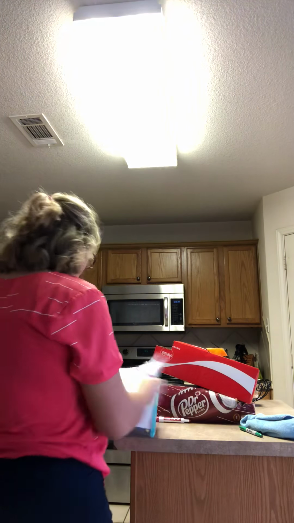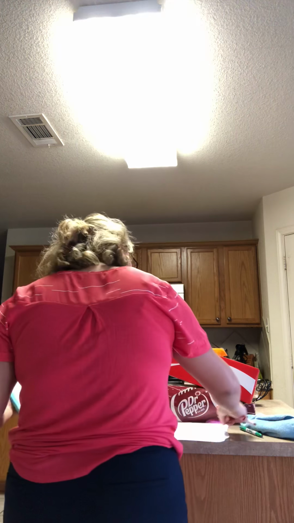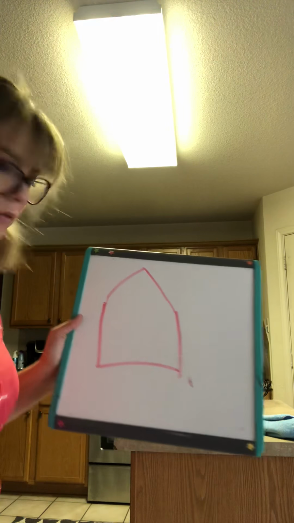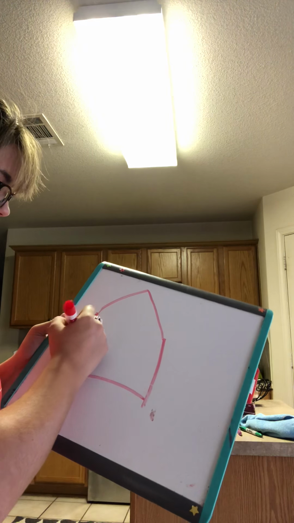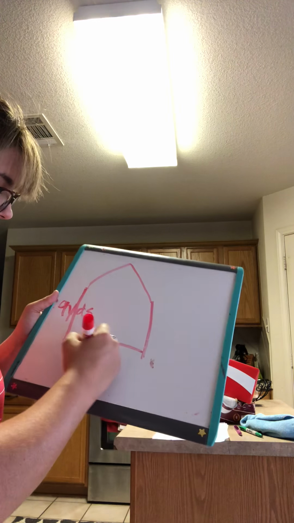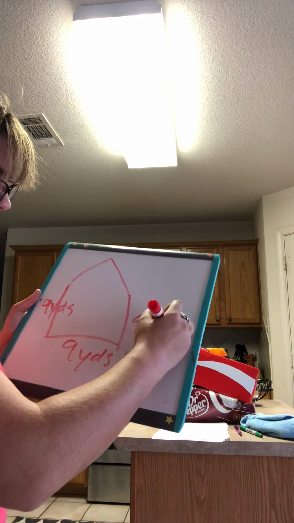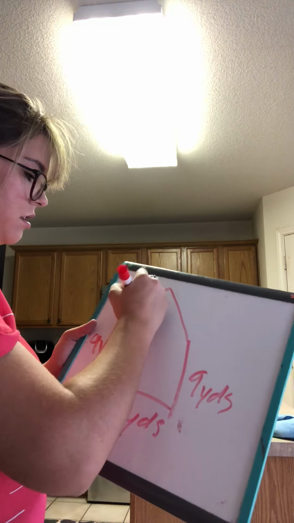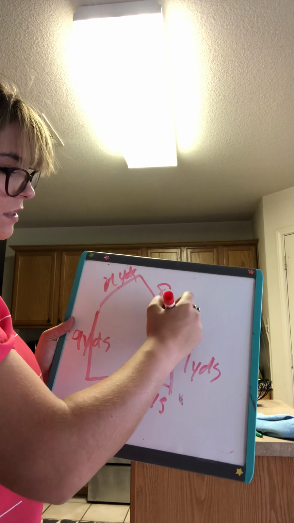So we know that 3 sides are the same with 9 yards long, and we're going to go with these 2 right here. You can choose whichever ones you want, but I'm just going to go with the 3 that are right here. So we know that are 9 yards, 9 yards, 9 yards, and then we have 11 yards and 8 yards.